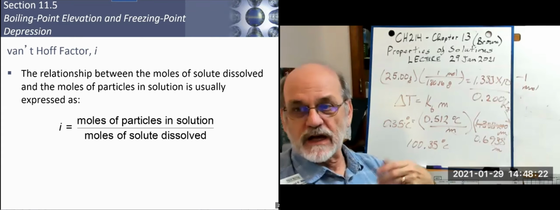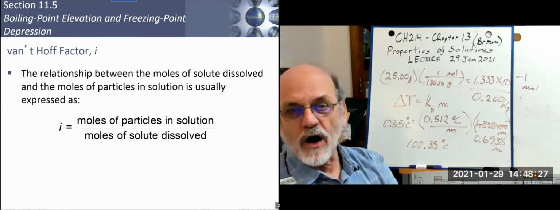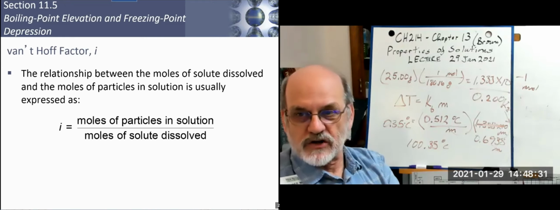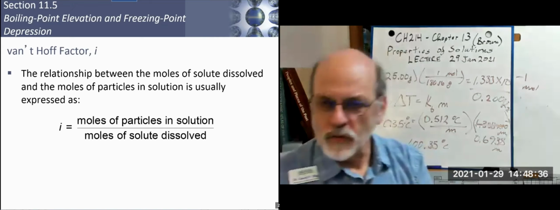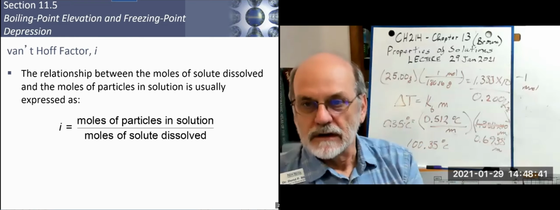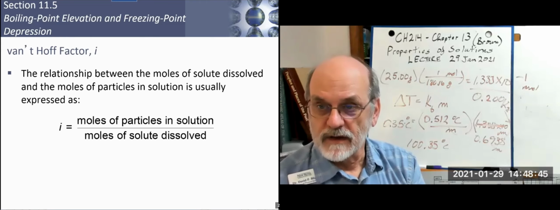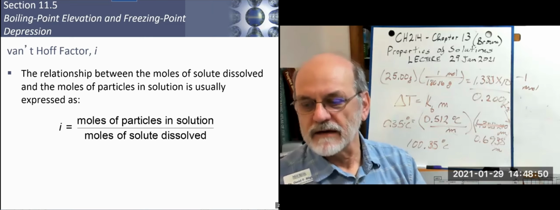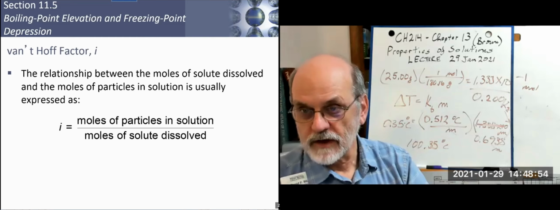Now, sometimes you need a correction factor. The van 't Hoff factor takes into account dissociation of solutes when they go into solution. So ideally speaking, if your solute is, say, an ionic compound that completely dissociates in water, then the ratio is 2 ions for every 1 mole of compound.